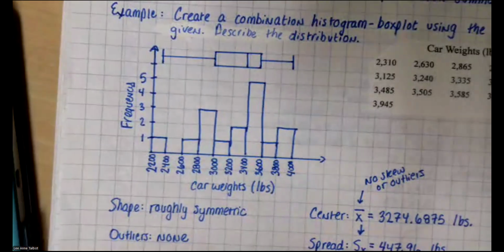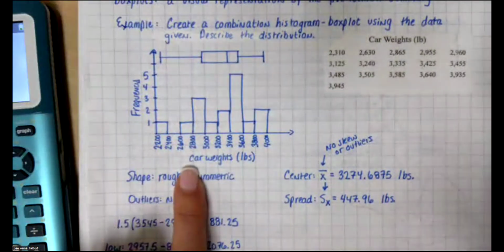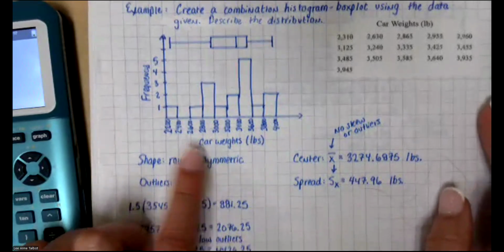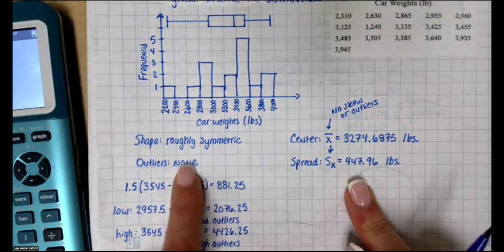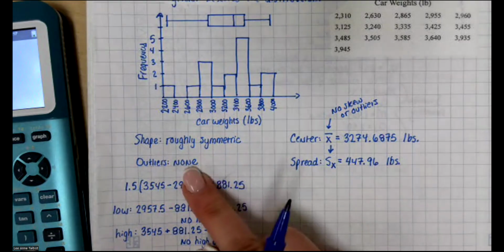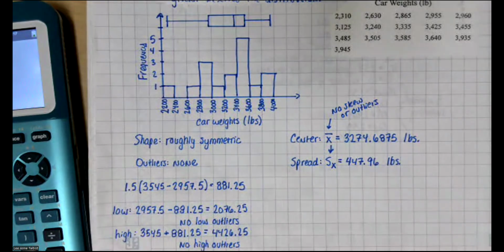Okay, so let's just check back in. I created a histogram. It's easiest to do that by hand and not in the calculator. Then I went to the calculator to find my statistics after determining the shape and if there were outliers. It was roughly symmetric with no outliers, so I chose the mean and standard deviation as my measures of center and spread.